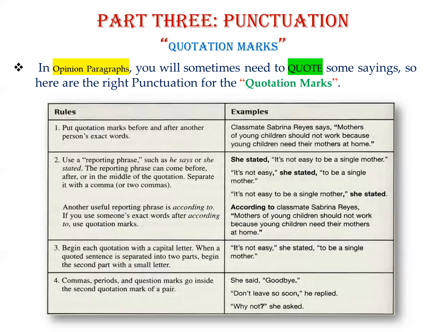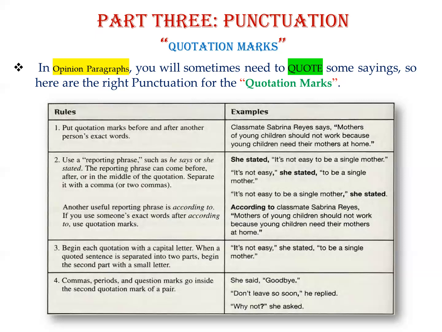According to classmate Sabrina Reyes, I put a comma. Then I open the quotation marks, mothers of young children, etc., until I reach the end, and I put a period and then another quotation mark. Another use for reporting phrase is according to. If you use someone's exact words after according to, use quotation marks.